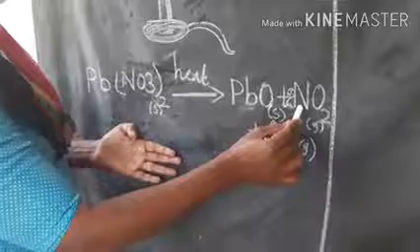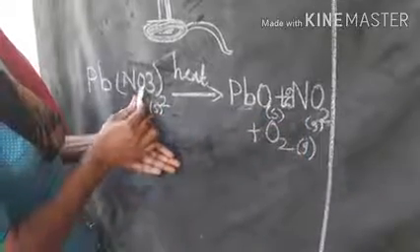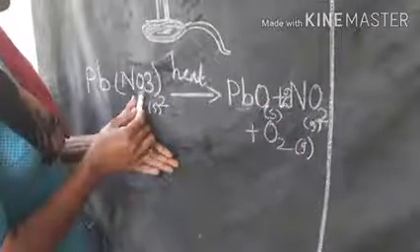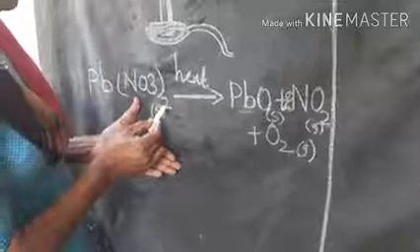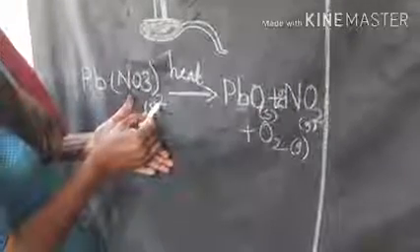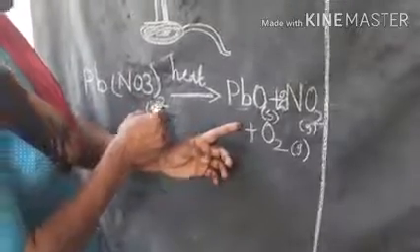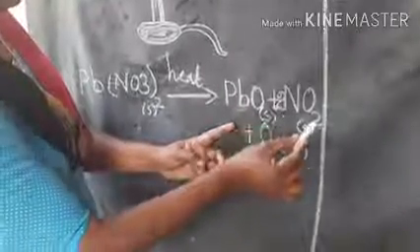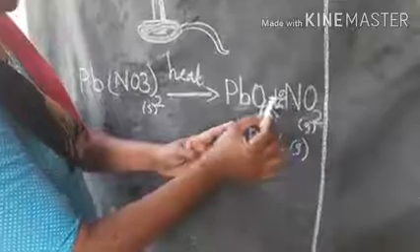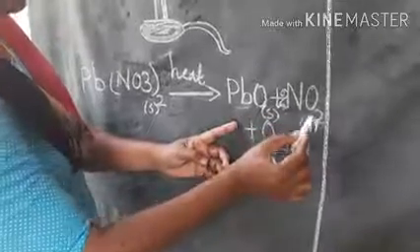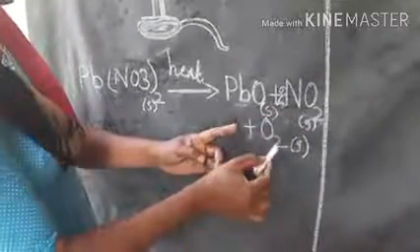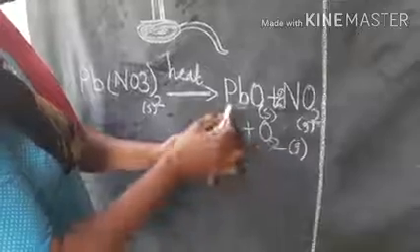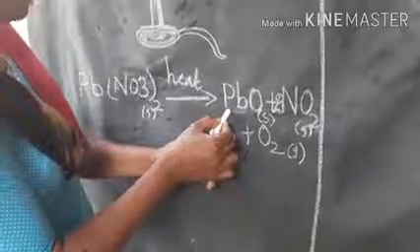Now, the remaining one is oxygen. 3 into 2, so 6. Here oxygen, 2 here and 2, so now it is 4 plus 2, 6, and again this is 7. So it is not balanced.